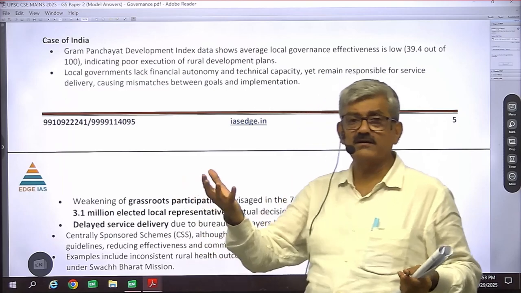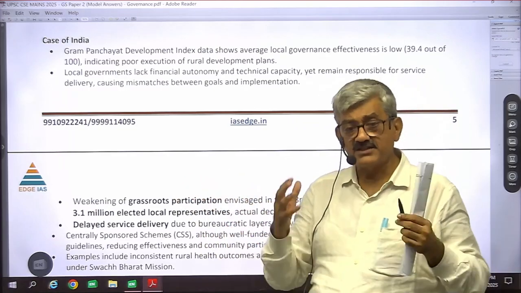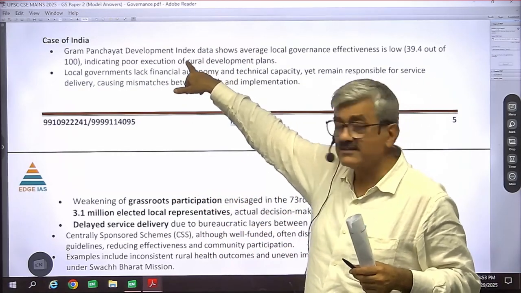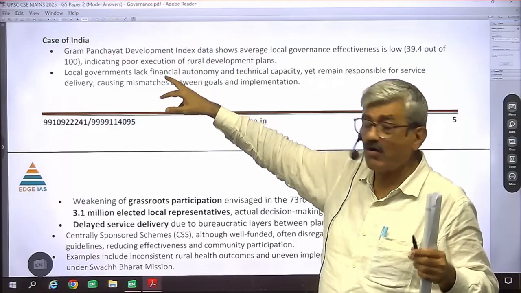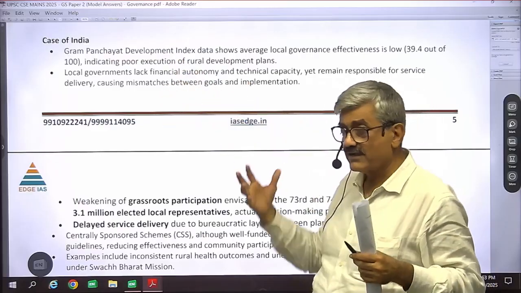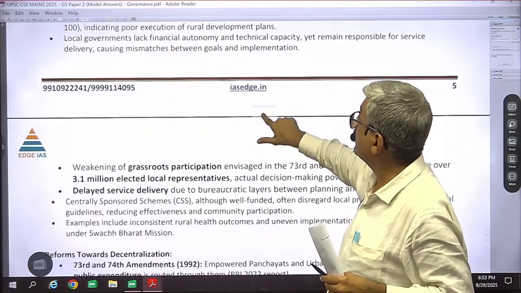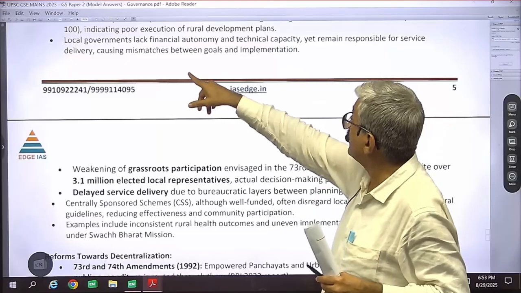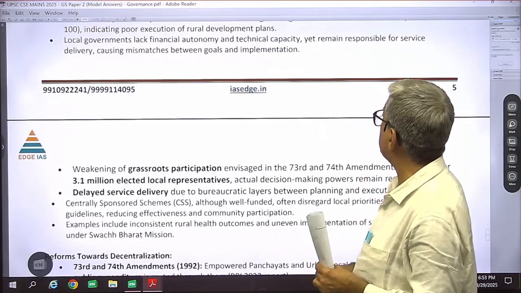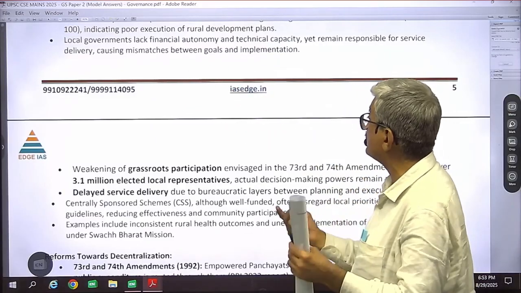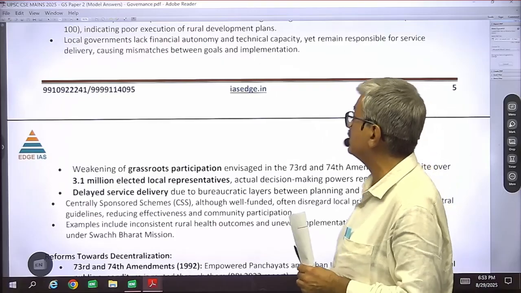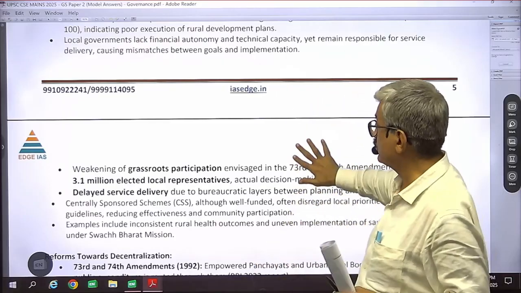So if we have a centralized decision-making system, the result is here to see. It's raw data that tells the story. Again, the local government lacks financial autonomy and technical capacity, yet remains responsible for service delivery, causing a mismatch between goals and implementation. Very natural.